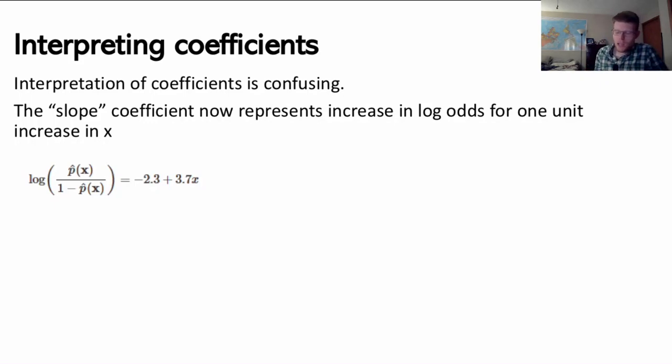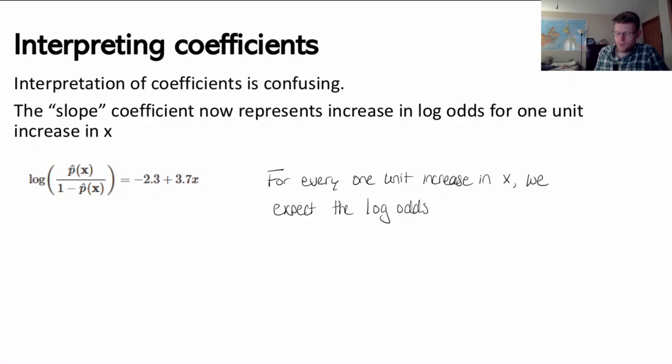So as I'm going to interpret this as it is right here, for every 1 unit increase in x, we expect the log odds that y equals 1 to increase by 3.7.